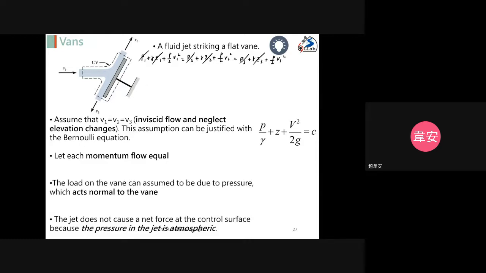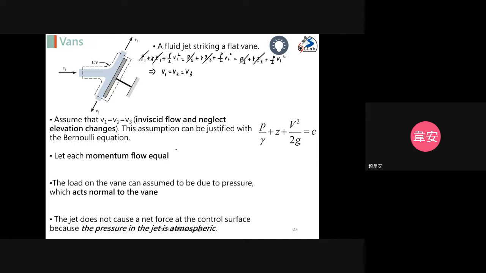So if we also assume the flow is incompressible, then actually we know that V1 is equal to V2 and equal to V3. Okay, and the second tip, each momentum flow is equal.